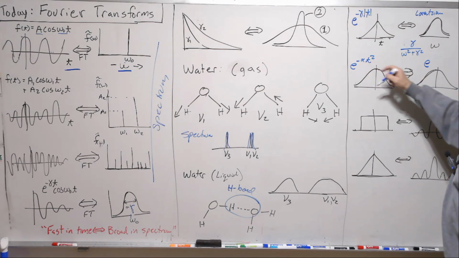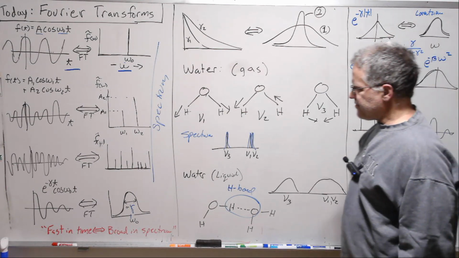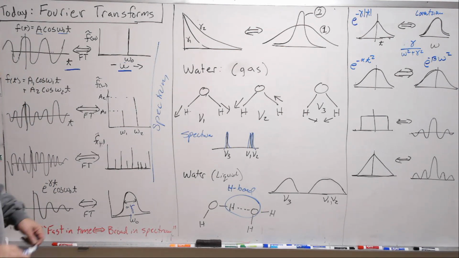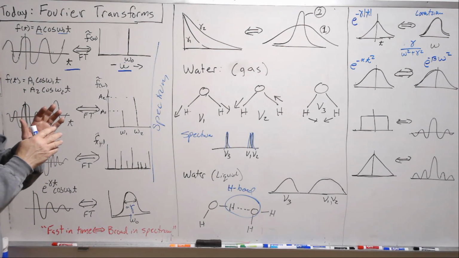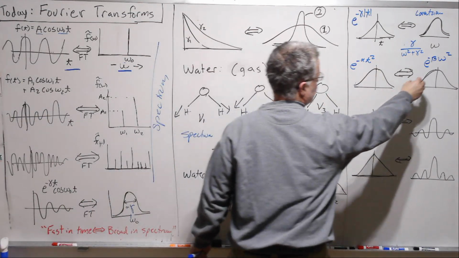I'm going to use a different variable here. Let's call it beta omega squared. All right. So if alpha is big, then this will decay quickly, and this will be broad.